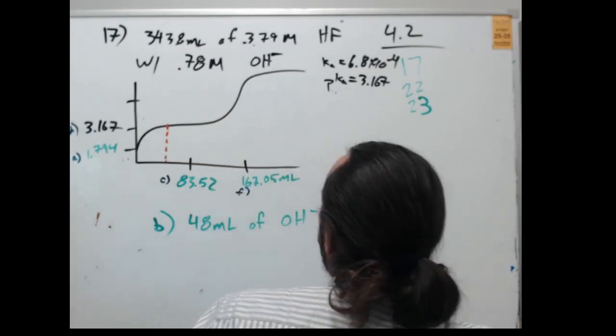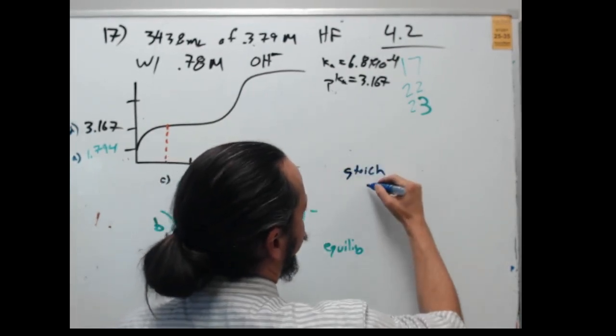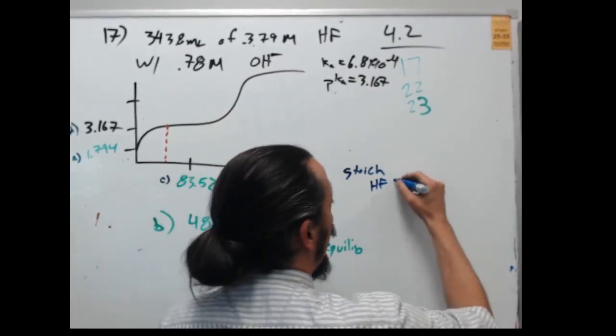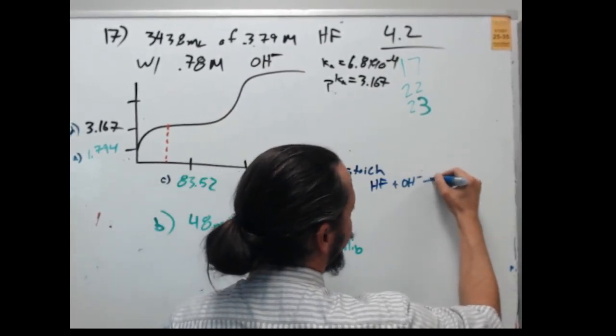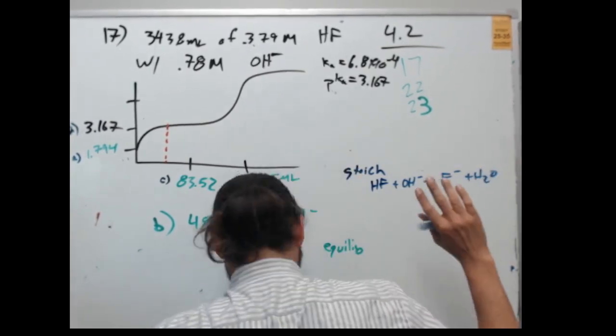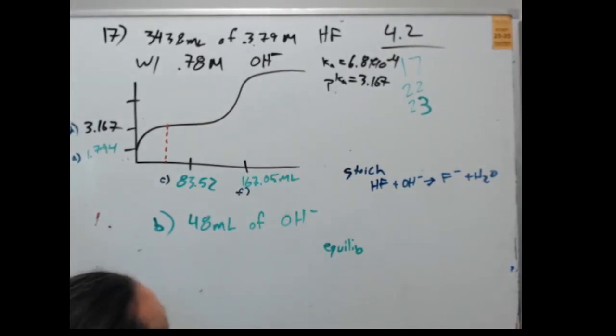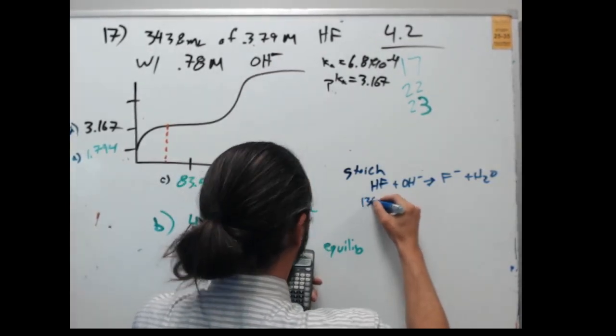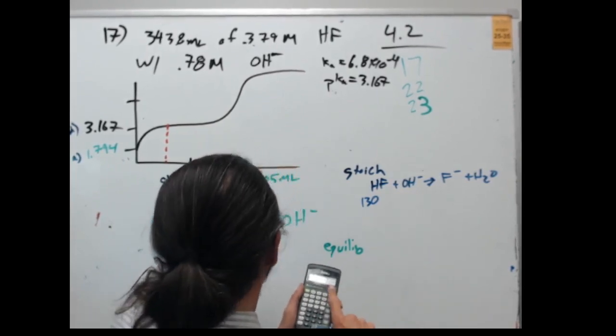Okay, so stoichiometry is going to be HF, just like we did in class today at the beginning, our warm-up. HF plus OH minus goes to F minus plus H2O. Calculating millimoles: 343.8 times 0.379 is 130 millimoles.